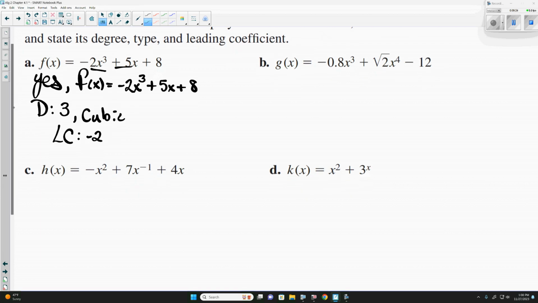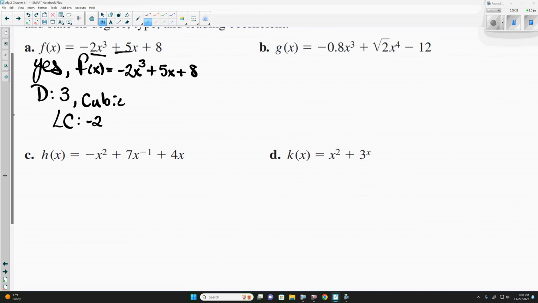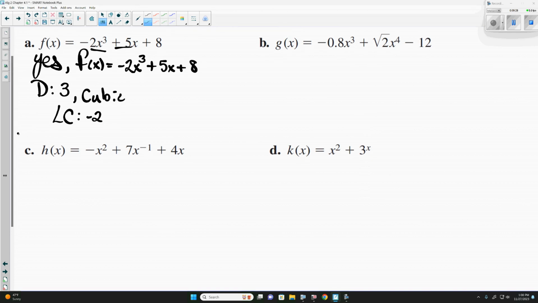Let's go to C first. We'll go to B next. So if we look at C, is negative x squared plus 7x to the negative 1 plus 4x a polynomial function? Why not? The negative 1 in the exponent, this is not a polynomial function.